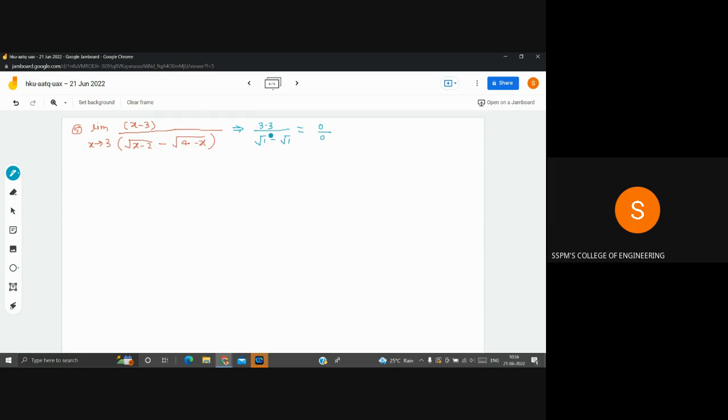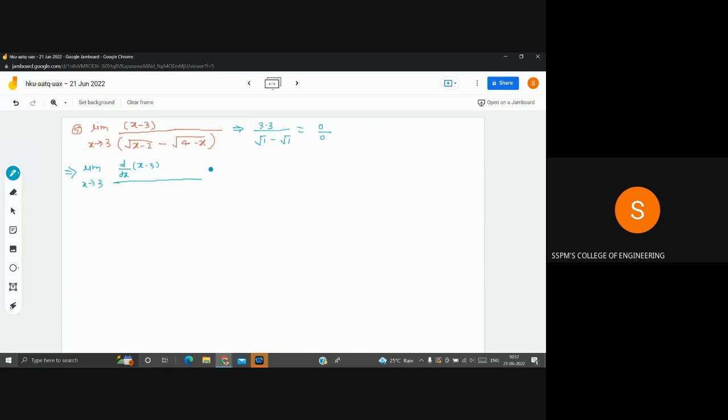Now in this case, we can get the finite limit either by applying L'Hospital rule or by using rationalization. When you use L'Hospital rule, taking the derivative of numerator as well as denominator separately, you will get the finite limit.